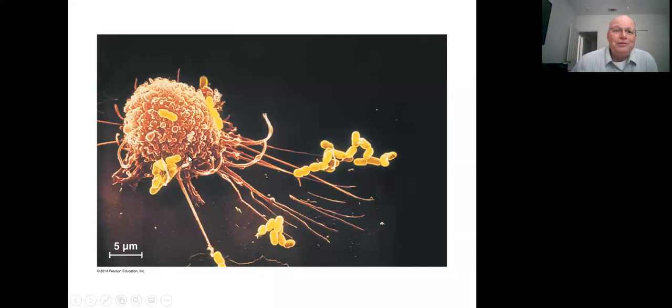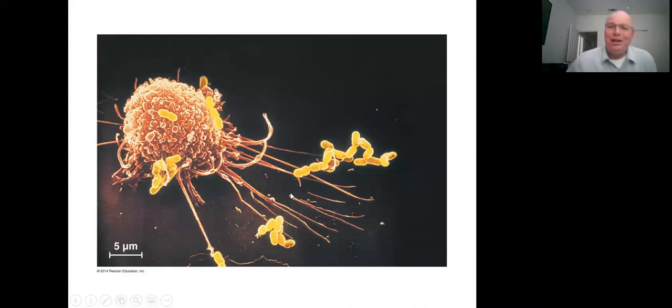So the role of this cell as a macrophage, as a hunter-killer cell, is not seen by looking at any one of those components. It's seen by looking at all of the components integrated together to allow the cell to carry out that function of capturing and killing bacterial cells. The whole, the macrophage cell, is most definitely greater than the simple sum of its parts. And that's something that we always need to remember.